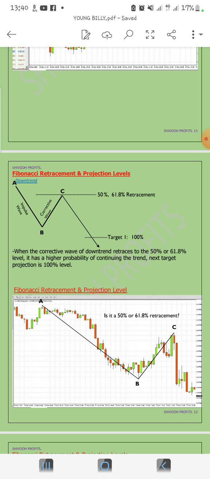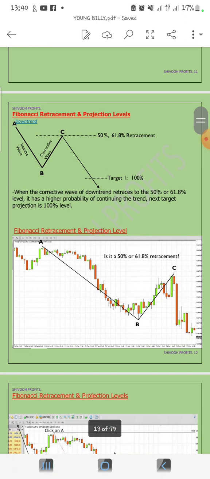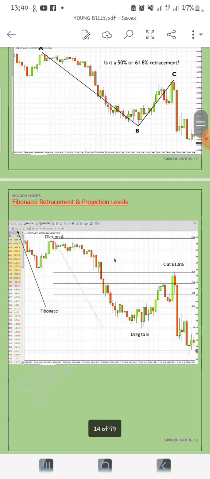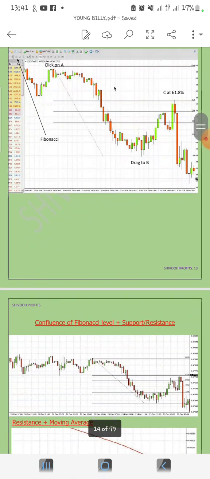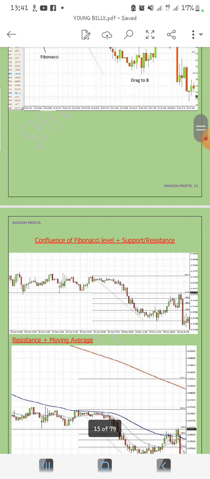As always in a downtrend, we take our Fibonacci tool, click on A and drag to B, which is the impulsive move down, and then we measure the corrective wave C. That's where we take our entry and we continue down. This illustration tells you to click on A, drag to B, and measure point C, which is at 61.8%.